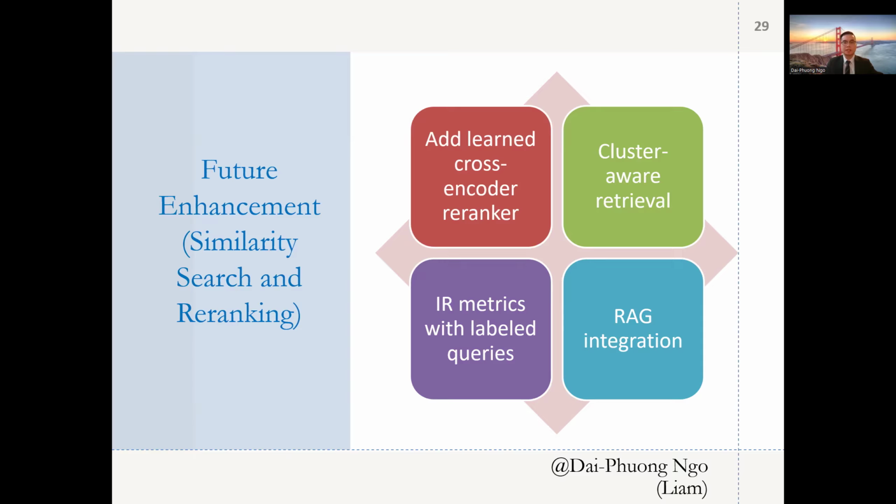Evaluation could also be strengthened by building a small labeled relevance set to compute metrics like precision at K or NDCG, rather than relying only on qualitative inspection. Finally, the retrieval stack is well positioned to support Retrieval Augmented Generation, or RAG, where retrieved questions or answers can feed downstream language models.